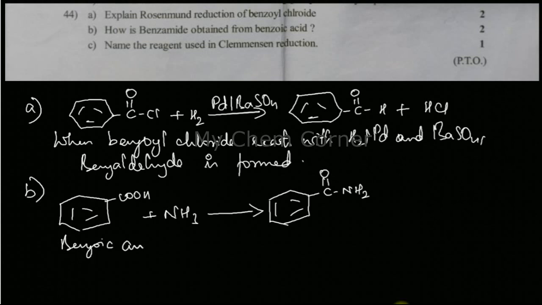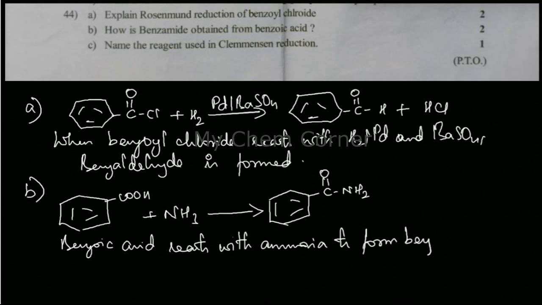So you can write benzoic acid reacts with ammonia to form benzamide. In between this there's also a step where you are trying to form the ammonium compound of it. You can write that also, ammonium benzoate. That can also form as an intermediate there.